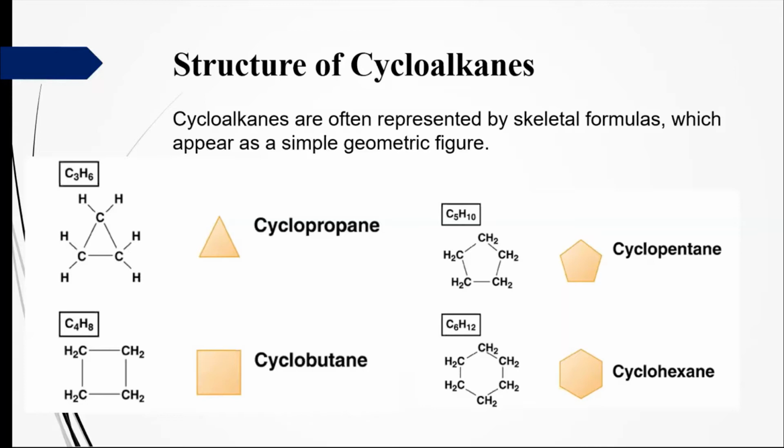The other part that you'll notice is that when you have a cyclo or a ring in there, it's similar to having a double bond, in that we're going to remove 2 hydrogens in order to make that fit. So propane by itself is C3H8. Cyclopropane is C3H6. It has the same molecular formula as propene, which would have a double bond. So keep that in mind when you're looking at your structure.